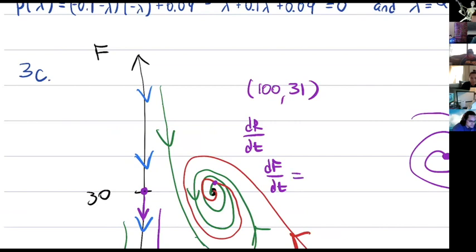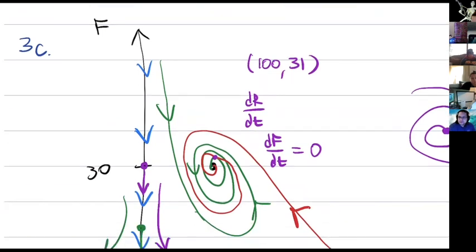And when you check this out, actually, R equals 100 is a nullcline. So dF/dt is going to be 0. But what you'll see here is that dR/dt actually is negative. And so that's why at that point, we see that we're not moving vertically at all, but we're moving to the left just a little bit. And that's what tells me I'm rotating around in that direction.